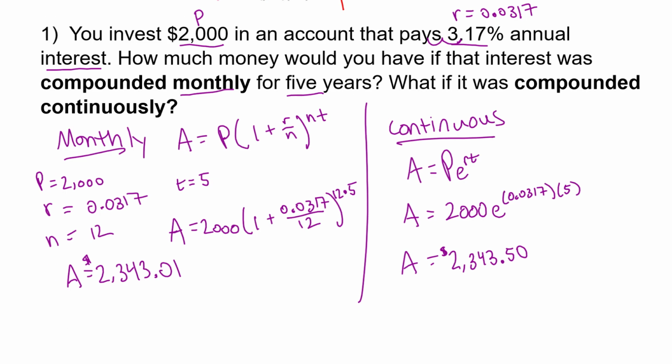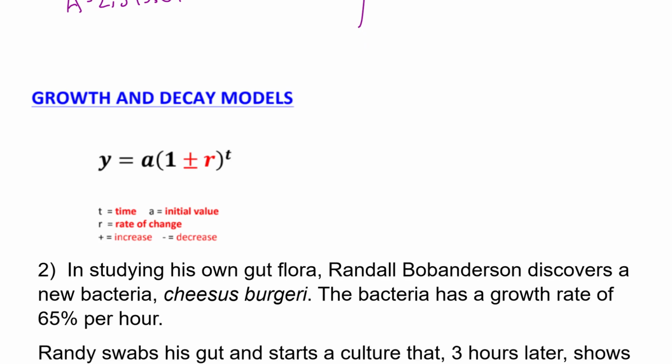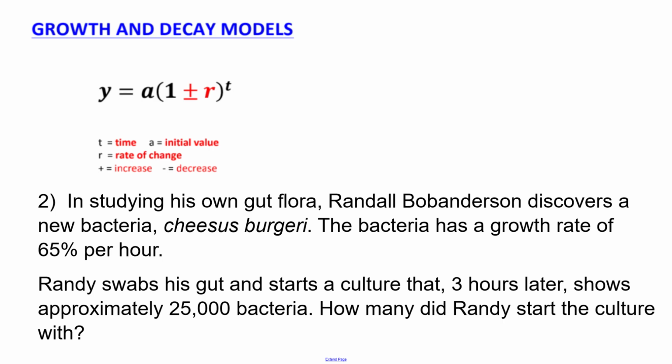Okay, let's do another example now with just a kind of regular growth and decay model. So this is for pretty much any other growth or decay problem. So let's see. We have our guy, Randall Bobanderson. He is messing around and discovers a new type of bacteria in his gut flora, Cheesus burgeri.